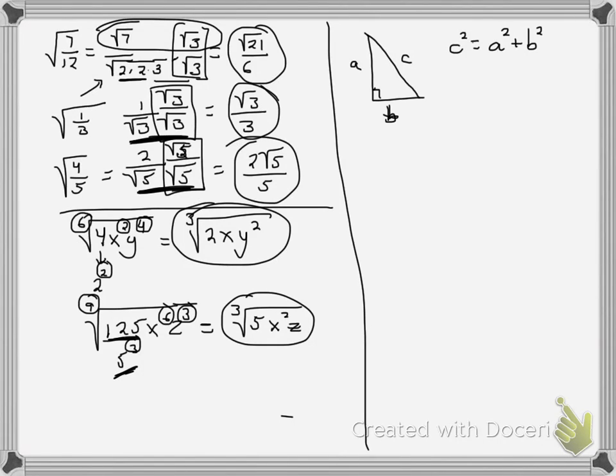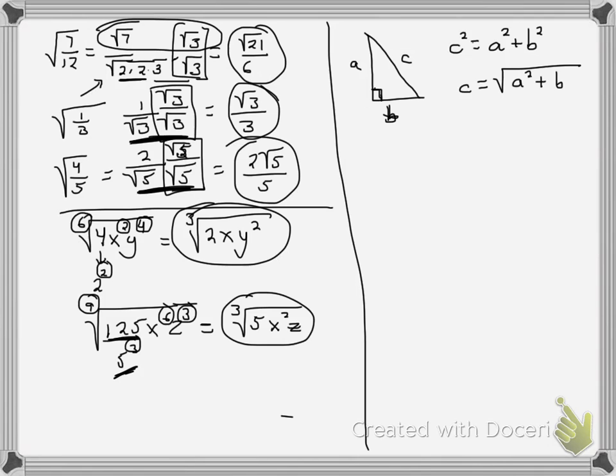This is based on the Pythagorean Theorem, always for a right triangle. You've used this before: a squared plus b squared equals c squared, c being the hypotenuse. So here, if I want to find the c, or the hypotenuse, it's going to be the square root of that.